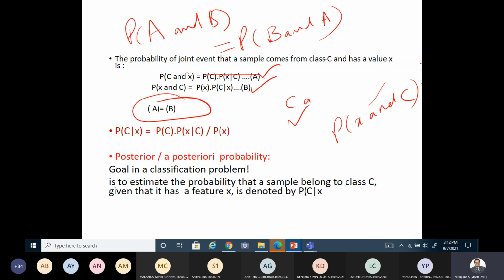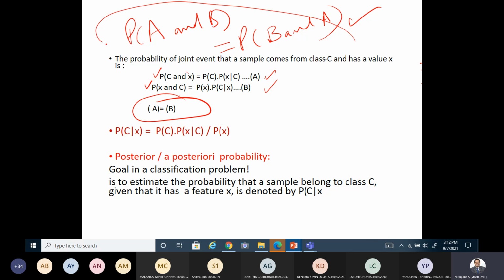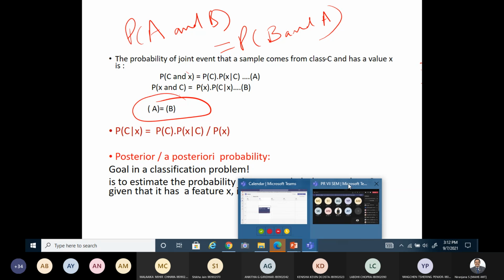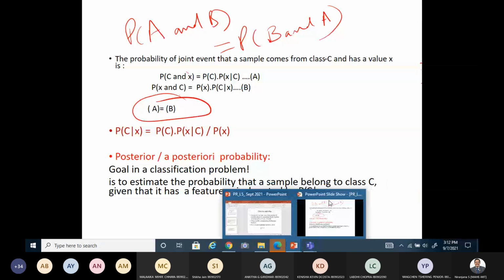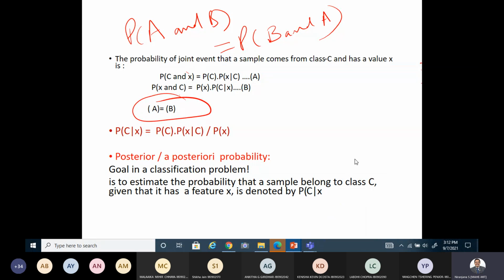This is equation A, equation B. Nothing but P of C and X must be equal, right? You agree that these two are equal from the probability theory? Yes, sir. Anyone disagree? I think all of you got it.